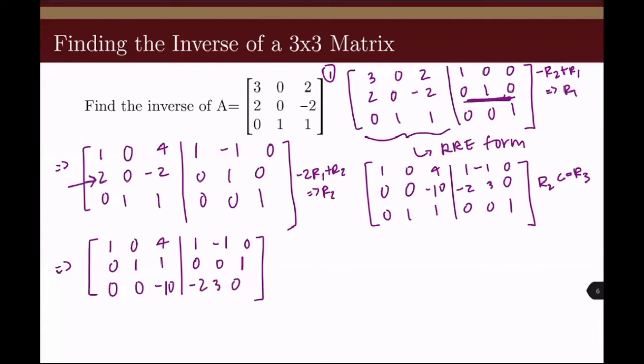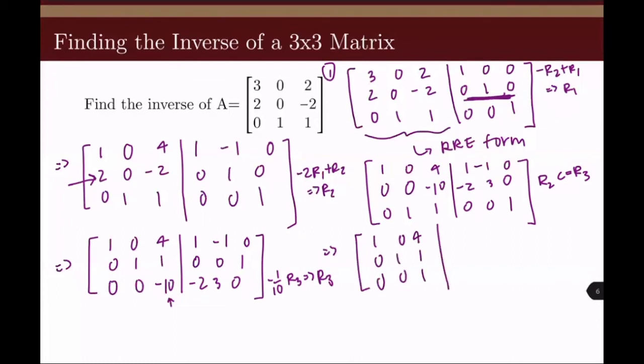All right, now this is going to be where it's going to get a little odd because we have to have a 1 here. So we're actually going to multiply by negative 1/10 times row 3, and that's going to give me my new row 3. So I'm going to get 1, 0, 4, 0, 1, 1, 0, 0, 1.